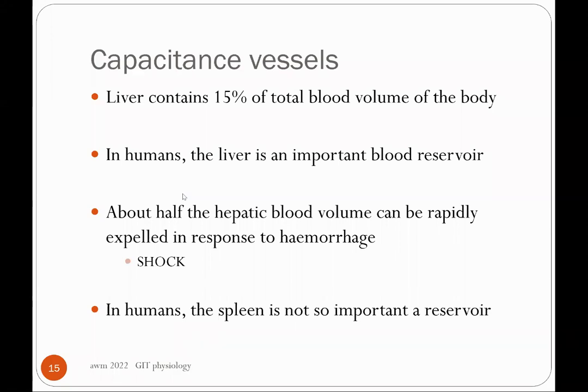For example, if someone breaks their femur, if they're losing a lot of blood, the liver can contract and release at least half of that blood, which can help maintain the blood volume. In other animals, the spleen does the same job.